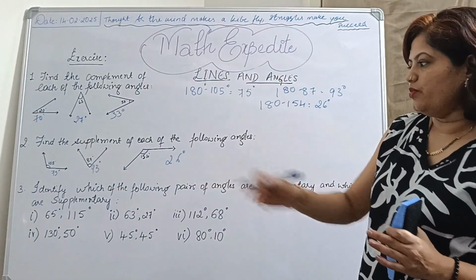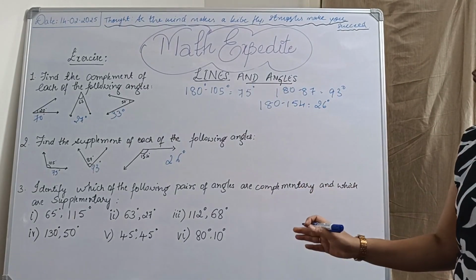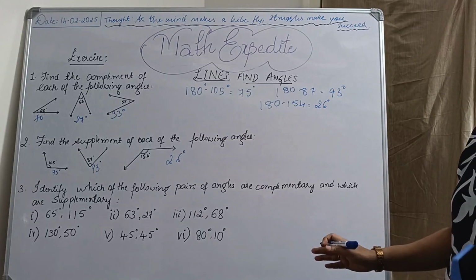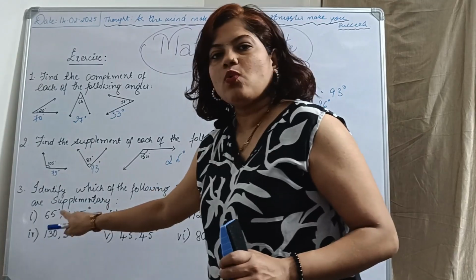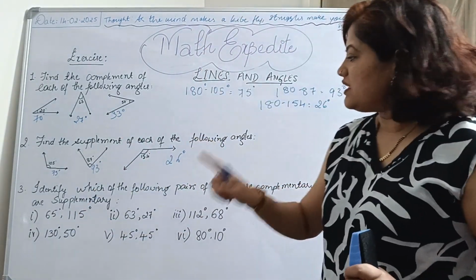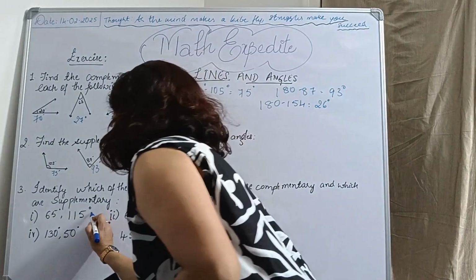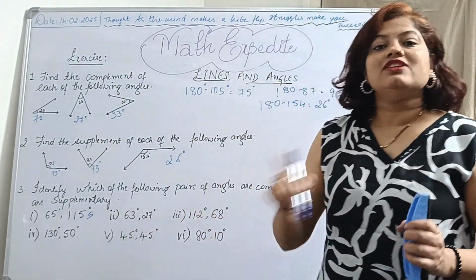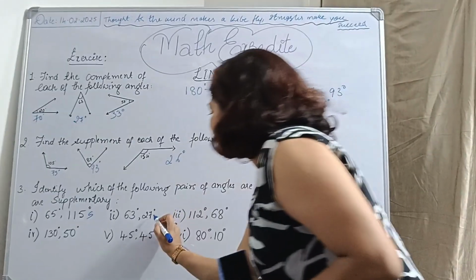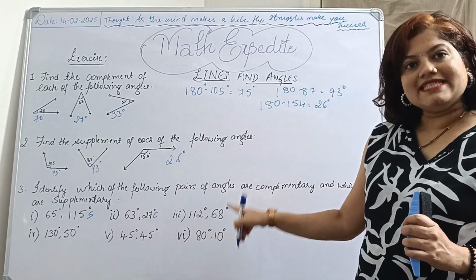Coming to the third one, identify which of the following pairs of angles are complementary and which are supplementary. If you take this pair, 65 plus 115, the total is 180. So which one is it? Supplementary, correct. Coming to the second one, 63 plus 27, the total is 90. Yes, it is complementary. And what about 112 and 68?